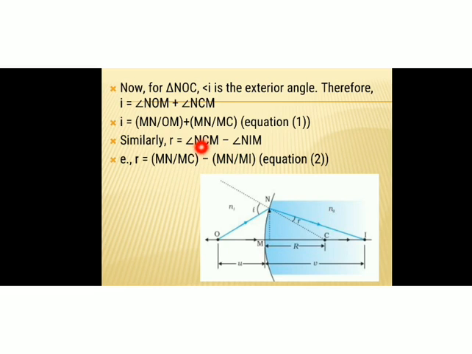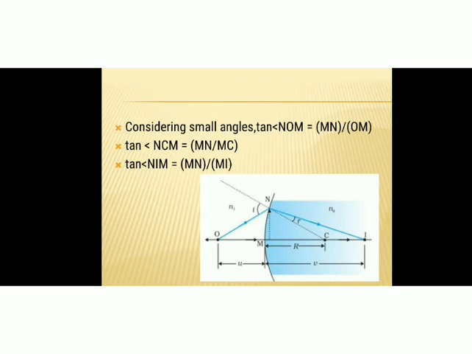Similarly, here substitute for angle NCM and angle NIM from the previous slides. So for NCM we already got the expression. What is NCM? It is MN by MC. So substitute NCM as MN by MC, and angle NIM. See from the previous slides, what is angle NIM?